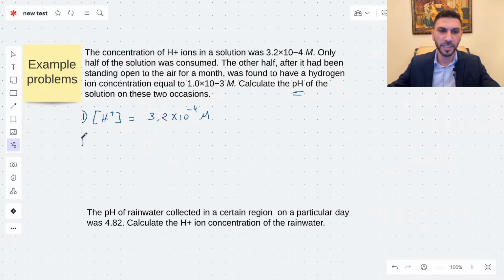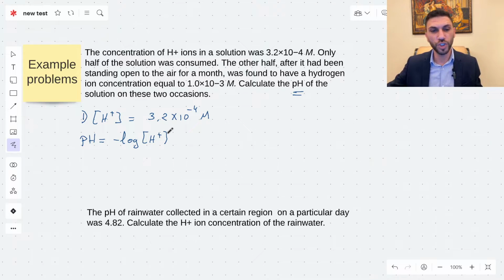That means the pH equals negative log the concentration of H positive, which equals negative log 3.2 times 10 to the power of negative 4. Using a calculator, you're going to find it.